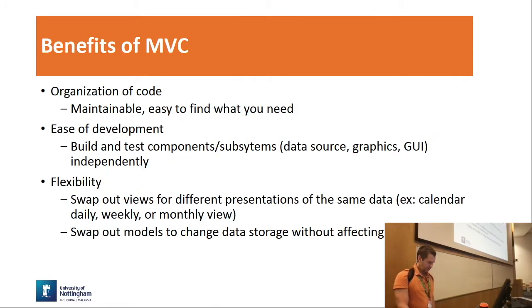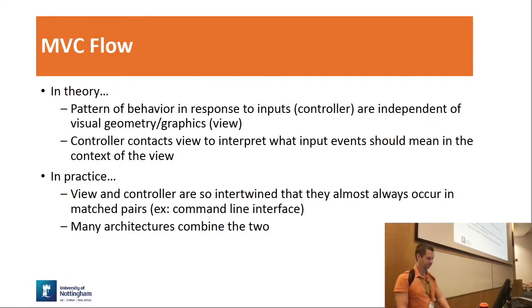Okay, and flexibility. We can swap components and upgrade components without breaking the other subsystems. Right? We could theoretically swap our data access, one database for another, or we could put our database on a network and not break the other components.